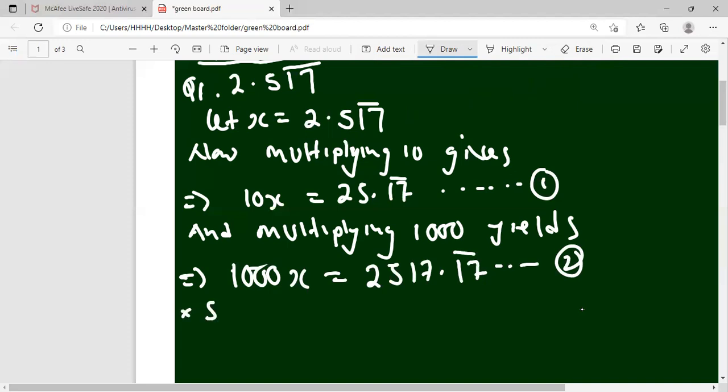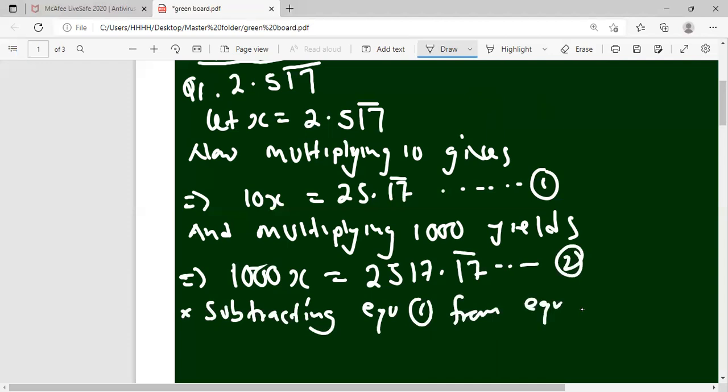Subtracting equation 1 from equation 2 gives the following. What do we get?